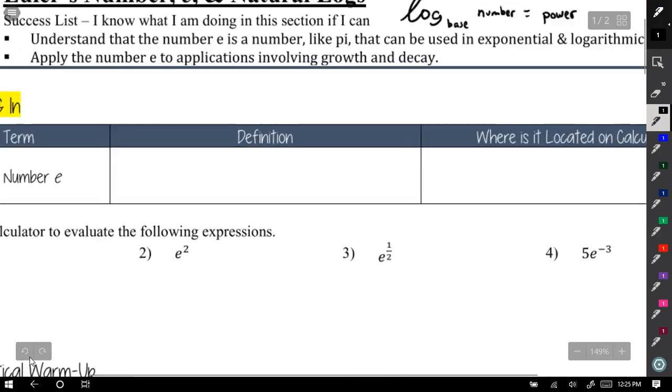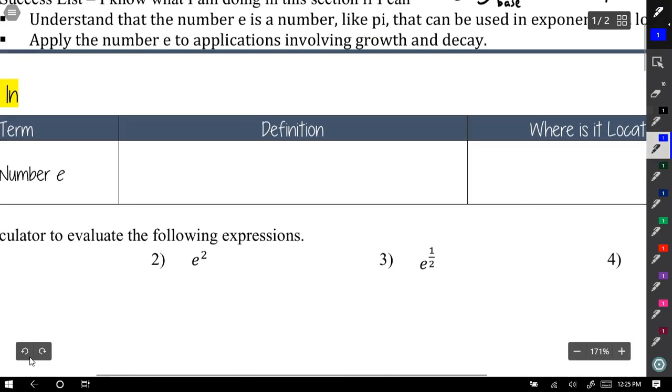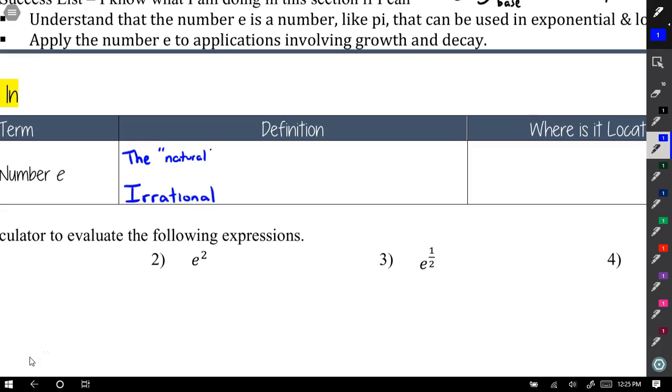So what is e? Well, first, we're going to make sure you know e is an irrational number, just like pi. It is referred to as the natural number. It deals with continuous growth and continuous decay.